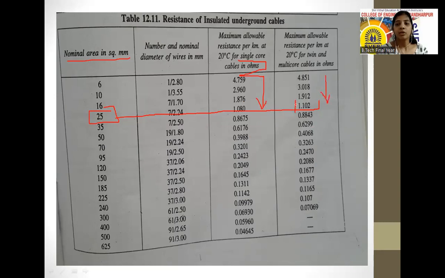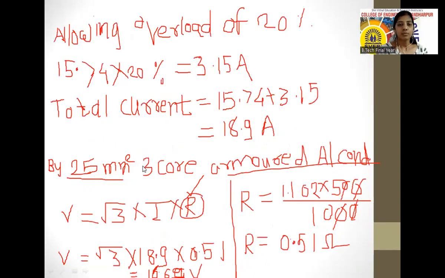Per kilometer, how much is the resistance of this cable? 1.102. Maximum allowable resistance per kilometer. By referring to this table, we can get the resistance per kilometer 1.102.